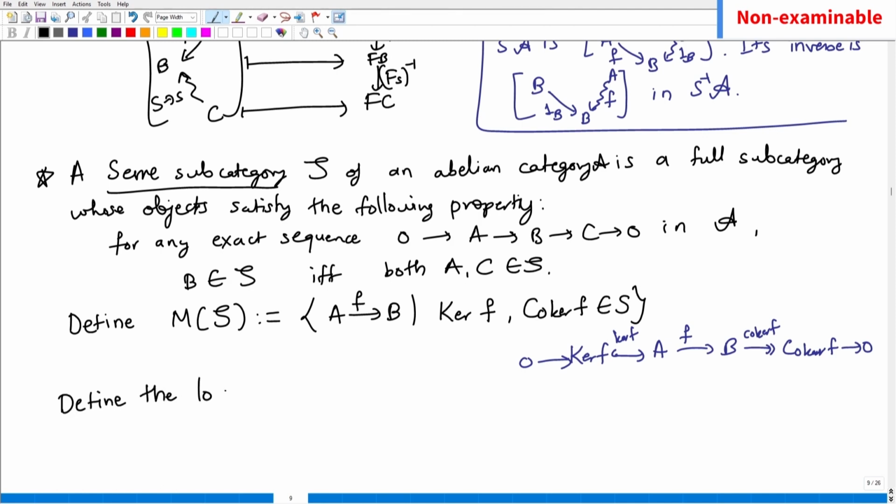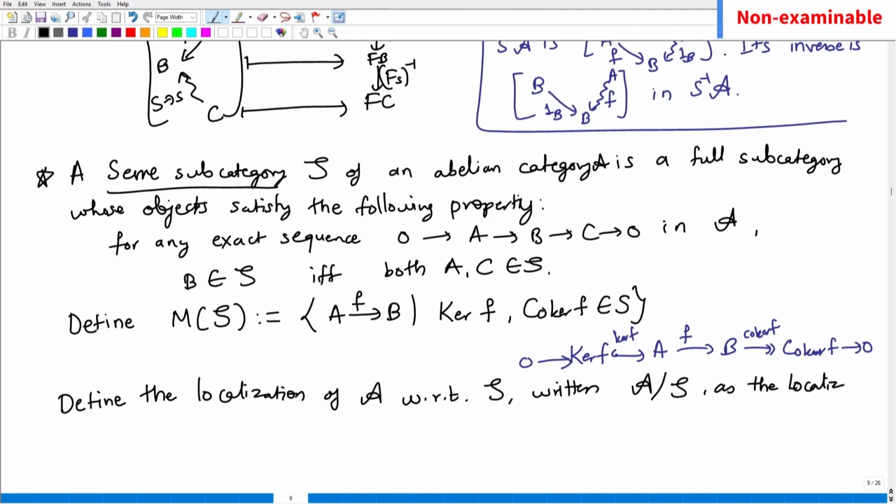So now define the localization of A with respect to S, written A mod S, as the localization functor from A to MS inverse of A. If you want to kill certain objects, then you might as well make these MS morphisms isomorphisms.